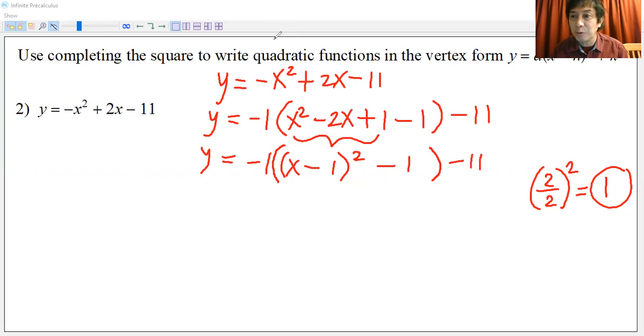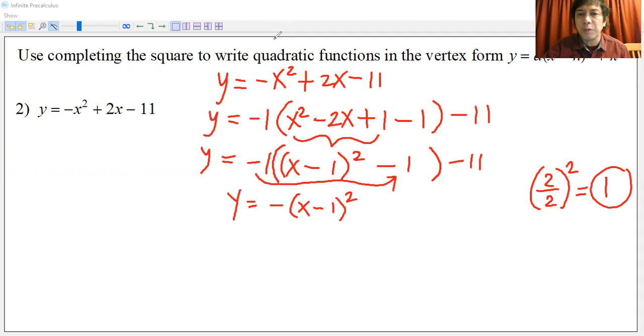It's time to multiply back the negative 1. So we're going to multiply back the negative 1. This will now be negative x minus 1 squared. Negative 1 will be multiplied by this negative 1, and so this becomes a positive 1. We shall now remove all the outer parentheses, and after the plus 1, we have the minus 11 there.